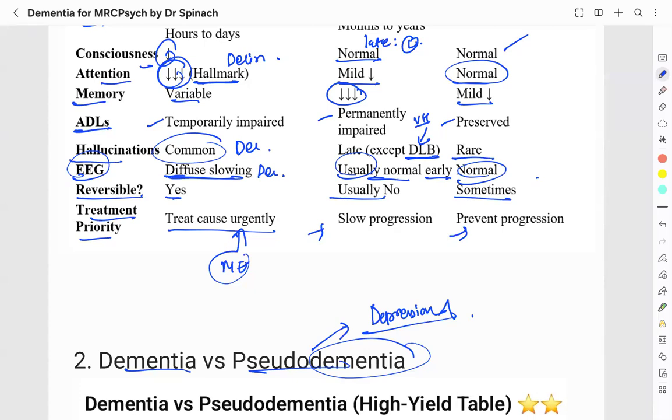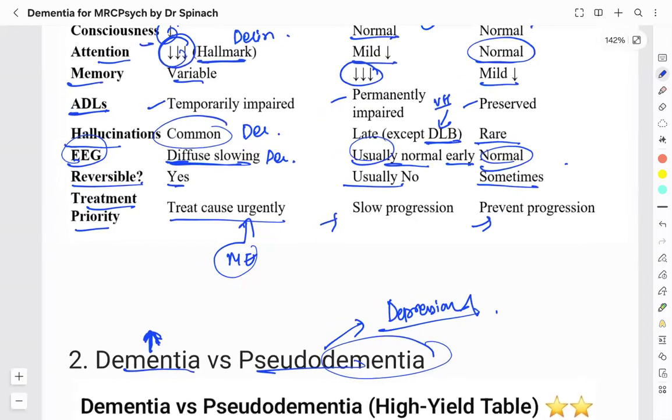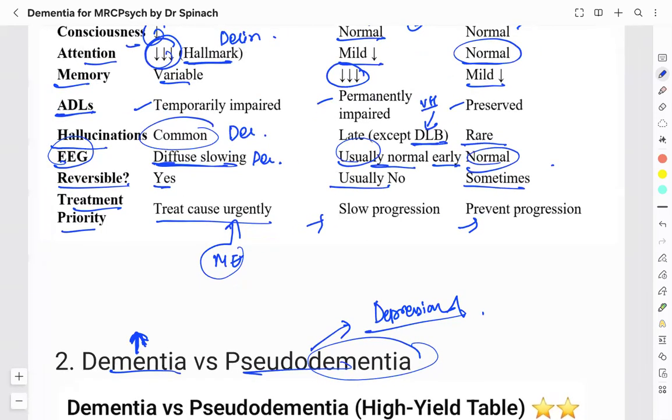In depression, the patient would not make an effort to answer the question, they would usually just say I don't know, or not be concerned about the cognitive decline, whereas in dementia, a patient would make an effort to fill the gaps.